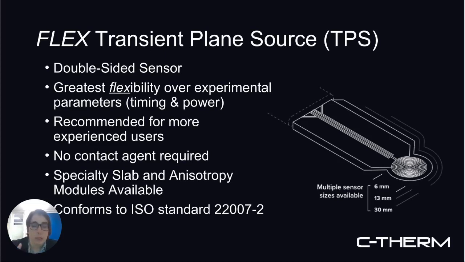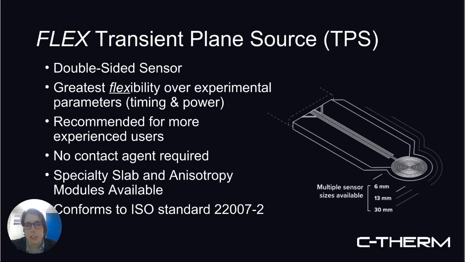Now that we're done highlighting the sorts of applications that the modified transient plane source is appropriate for, we'll look a bit at the transient plane source method. This employs a double-sided flexible sensor, which is why we call it the flex transient plane source sensor.